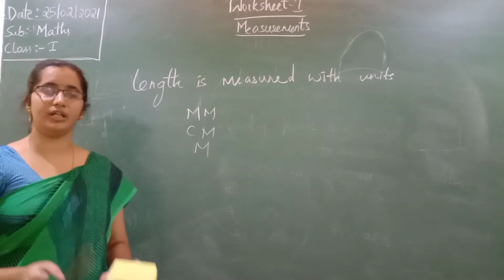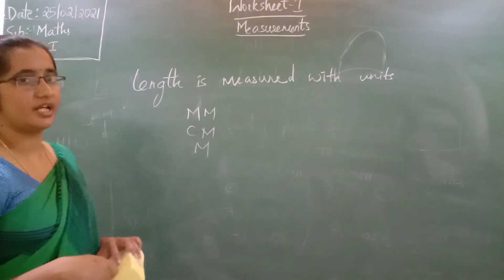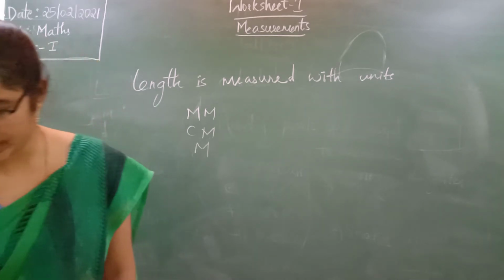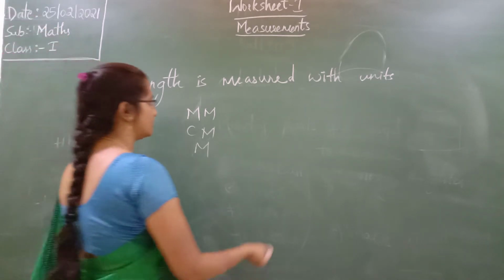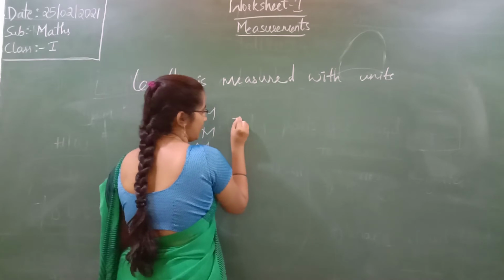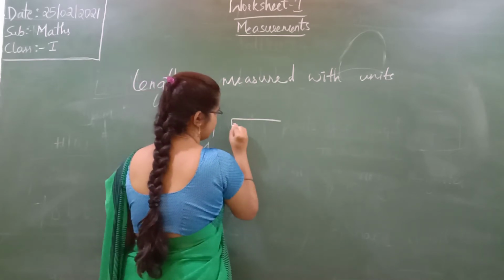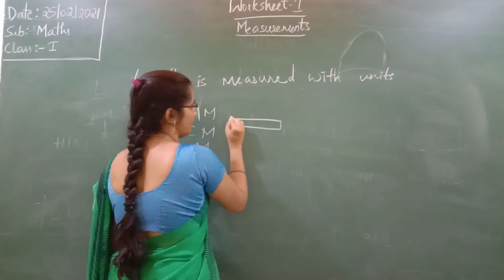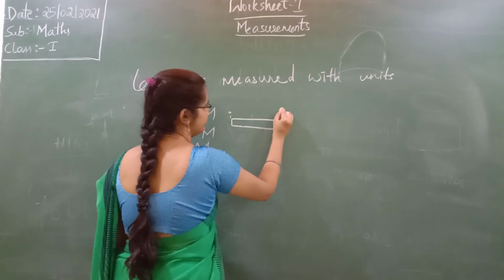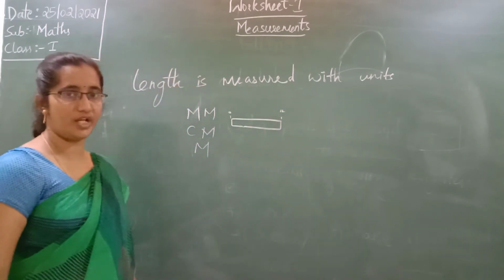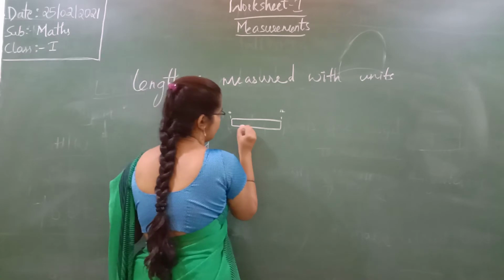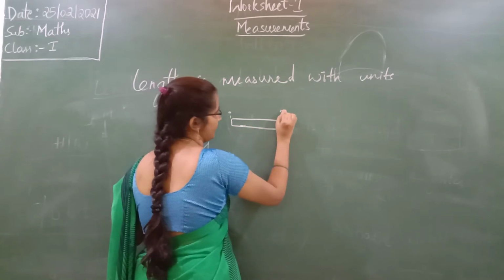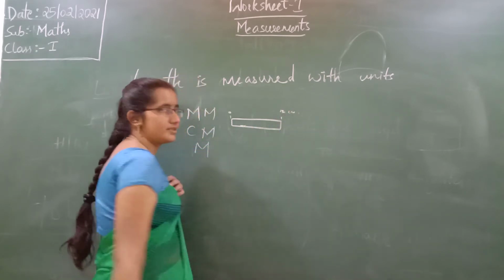Millimeter, centimeter and meter. Take your scale in your house. See, you will have a scale like this, 0 to 12 inches, and 0 to 12 centimeters.